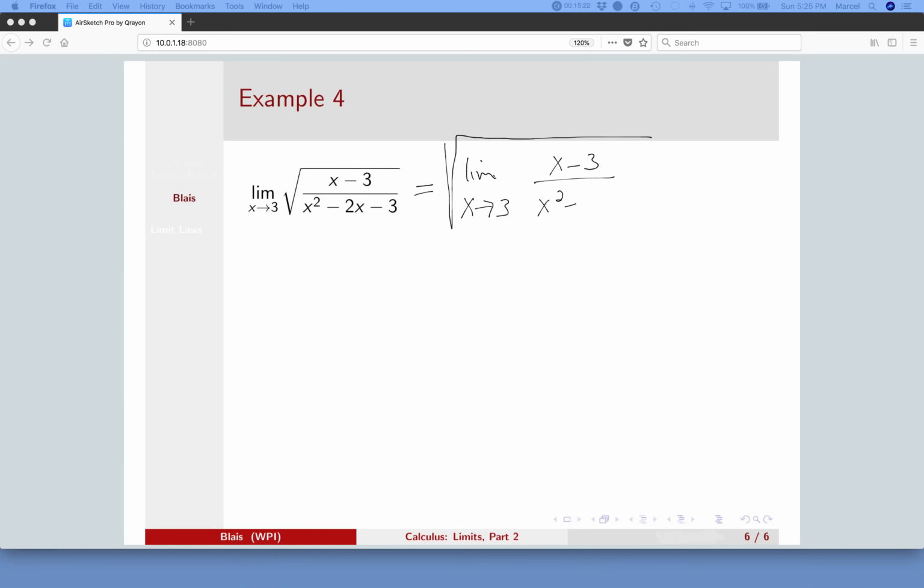But if we try to directly evaluate and plug 3 in for x, we would get 9 minus 6, which is 3, minus 3, which is 0. So we would have a division by 0 if we tried to evaluate directly.